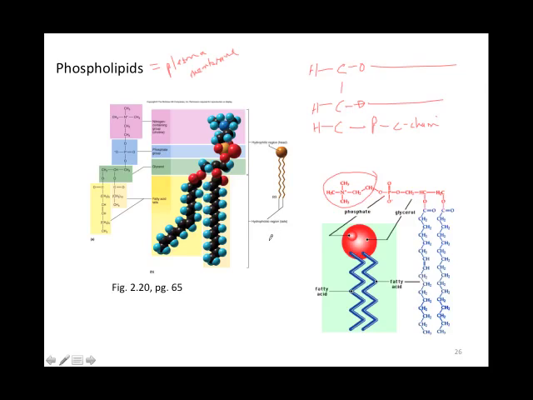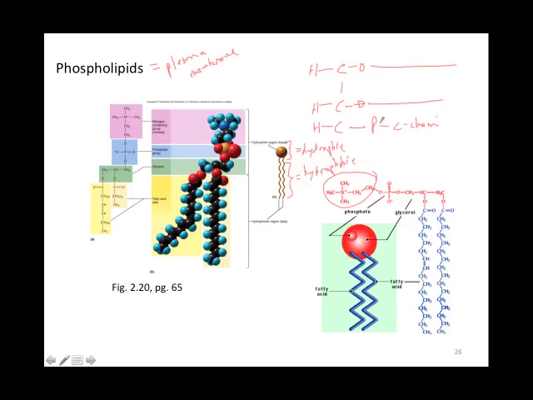We will address this in more depth when we talk about the plasma membrane in Chapter 3, but I do want to tell you that this phosphate glycerol head is hydrophilic, meaning it's water-loving, and the fatty acid chains here are hydrophobic.